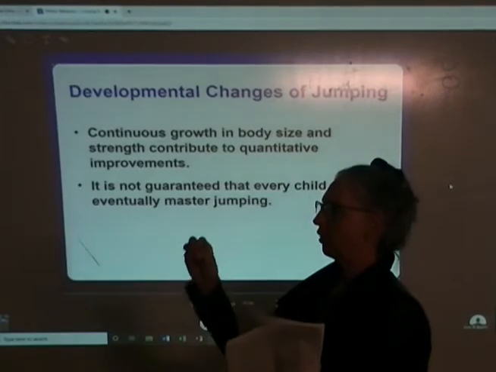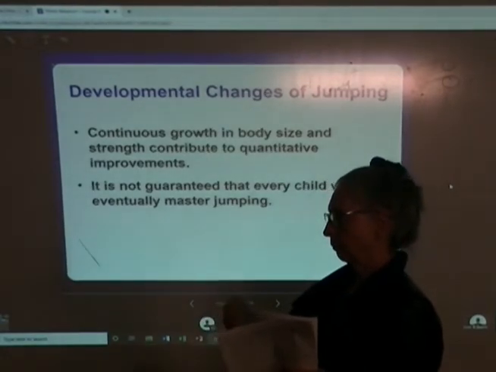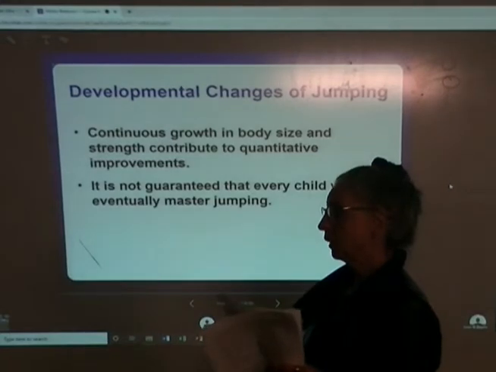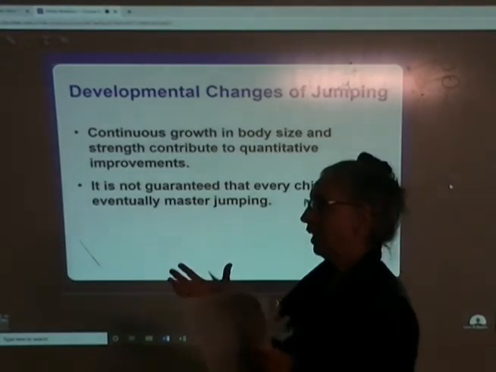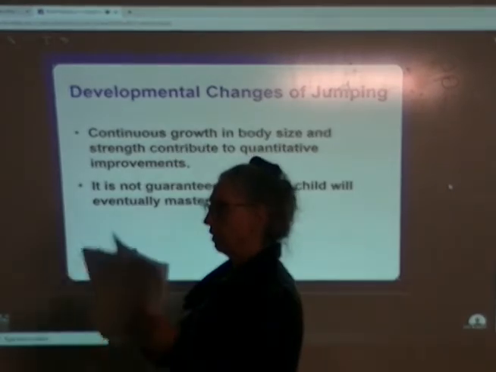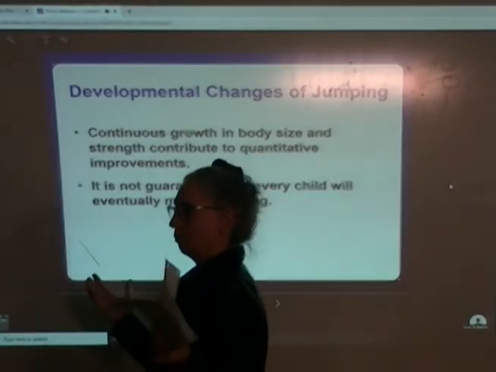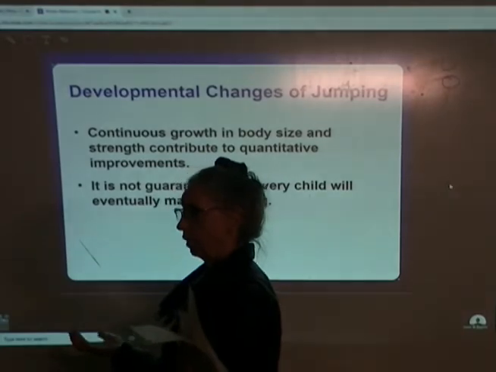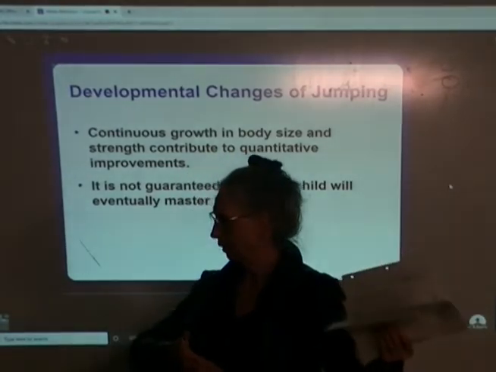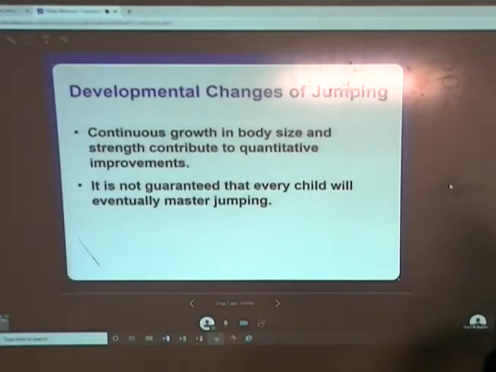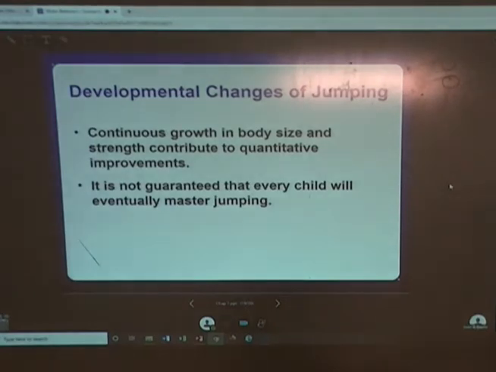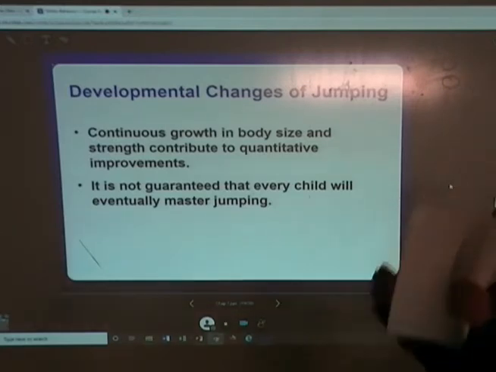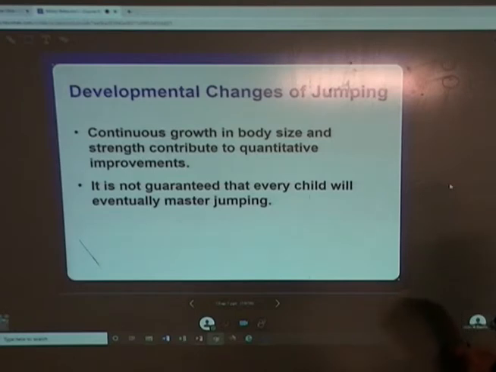They don't have very efficient jumping patterns, right? So it doesn't suddenly become competent and efficient just because I'm 18, 19 years old. Unless I've been practicing it and doing it, it's still going to show characteristics that are inefficient, right? Think about the rate limiters. I've got to be able to have enough strength to create enough force to drive myself up or forward off the floor. Okay.